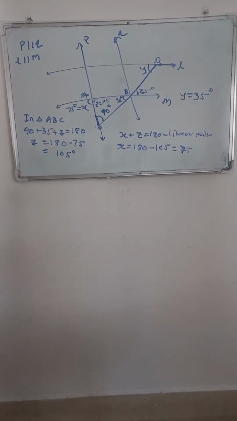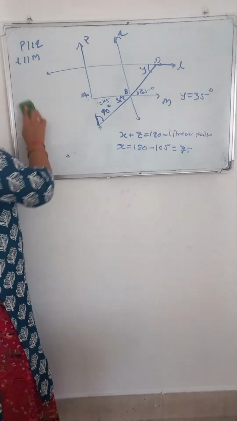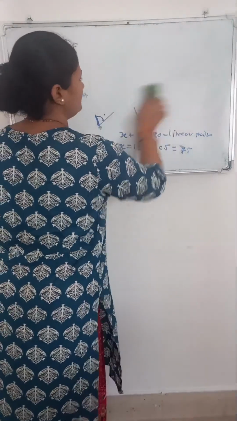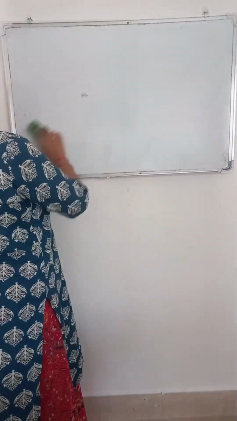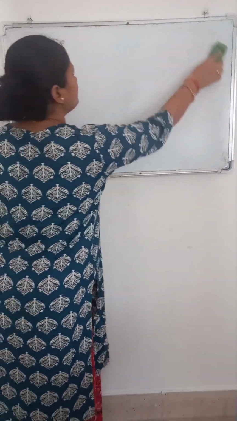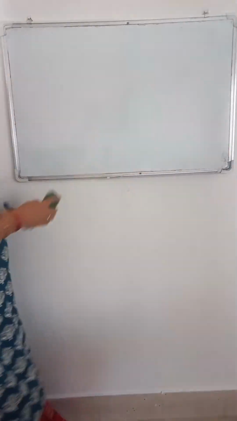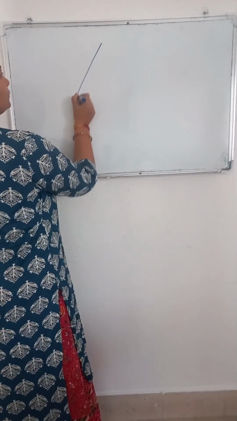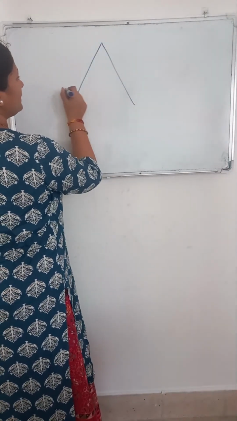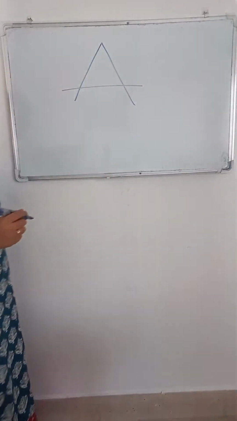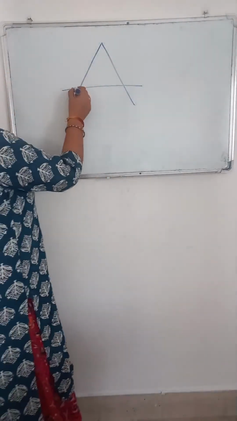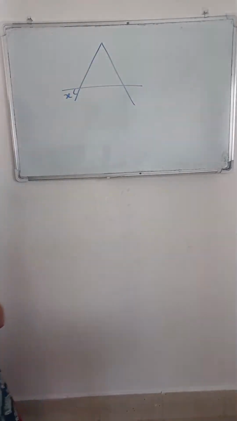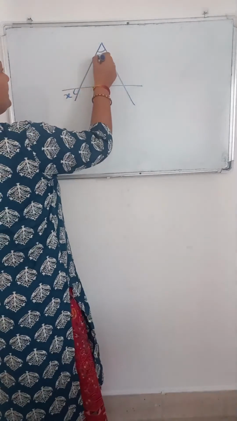Okay, so I will draw the figure here. The figure is given like this, and this value is x. This is 87.